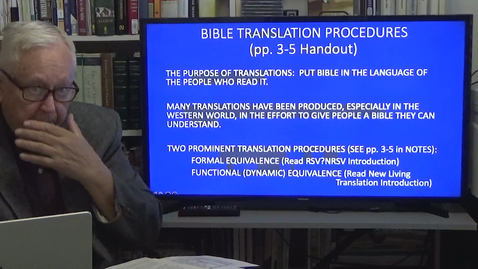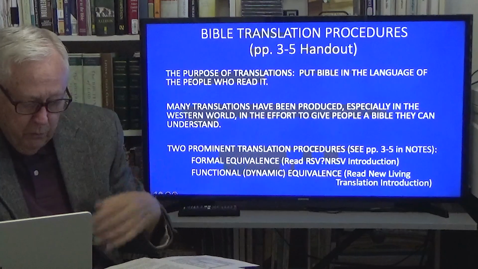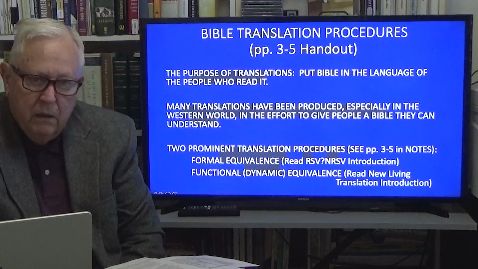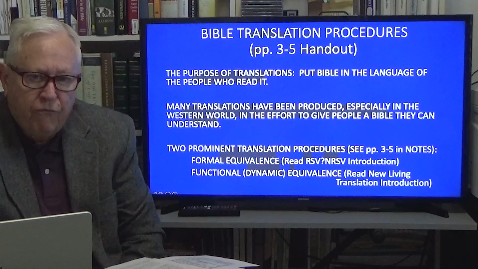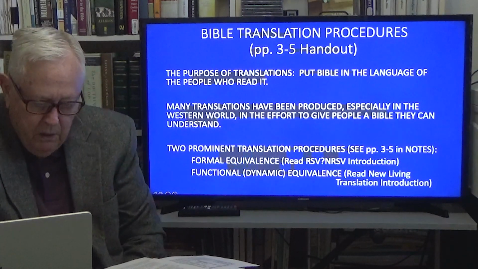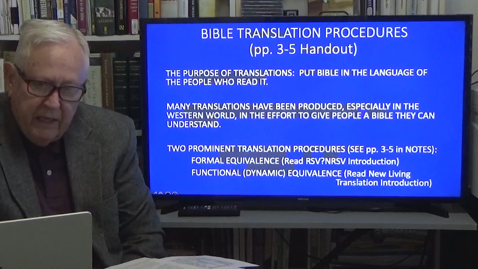The ESV will do that more than the others because it's marched on in time. But those are formal equivalent versions. If you're an English speaking person and you've got to have a control Bible, you need a formal equivalent translation for a control Bible. You could add the Legacy Bible, which is the redoing of the NASB.